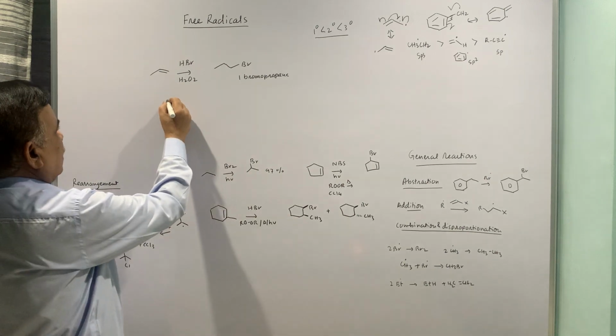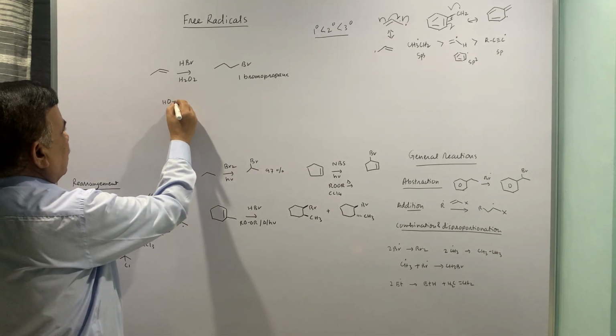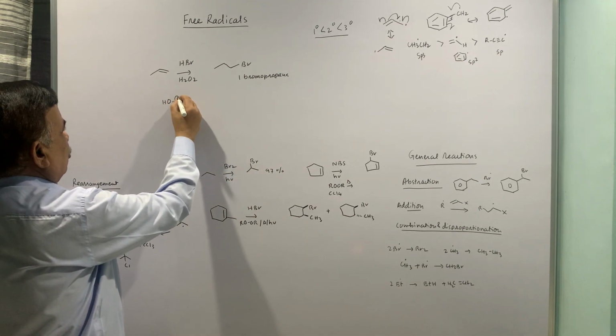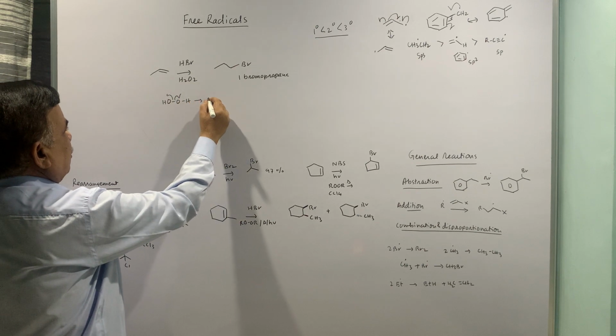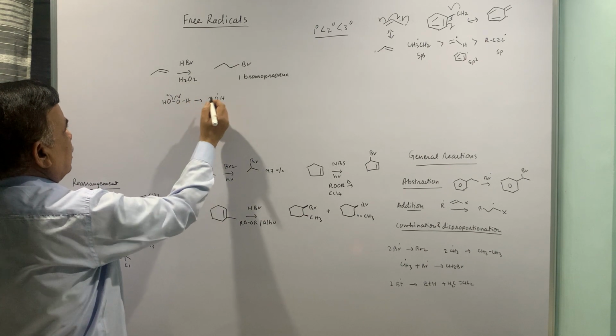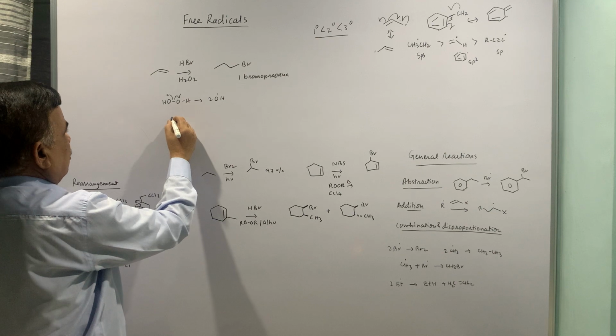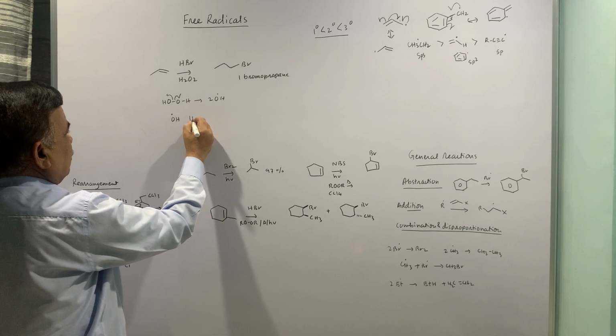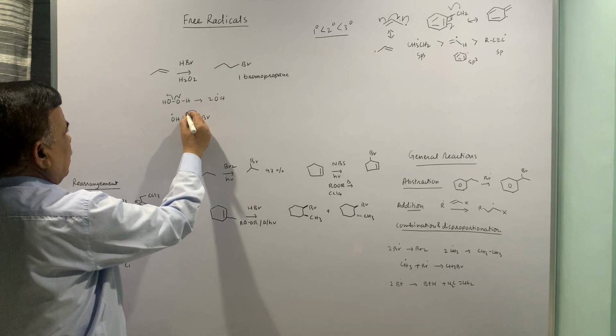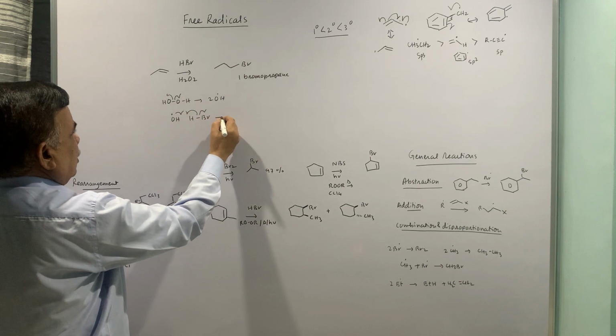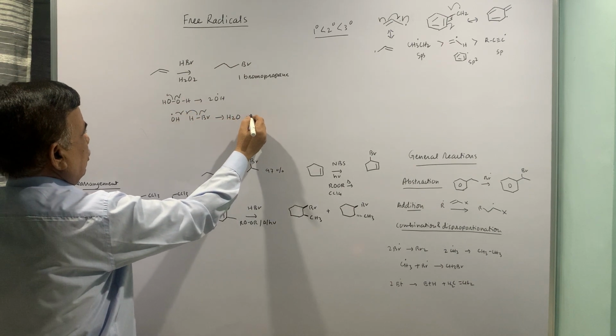So once again here homolysis of these forms 2 hydroxyl radicals. Now these 2 hydroxyl radicals interact with HBr, forms water and bromine radical.